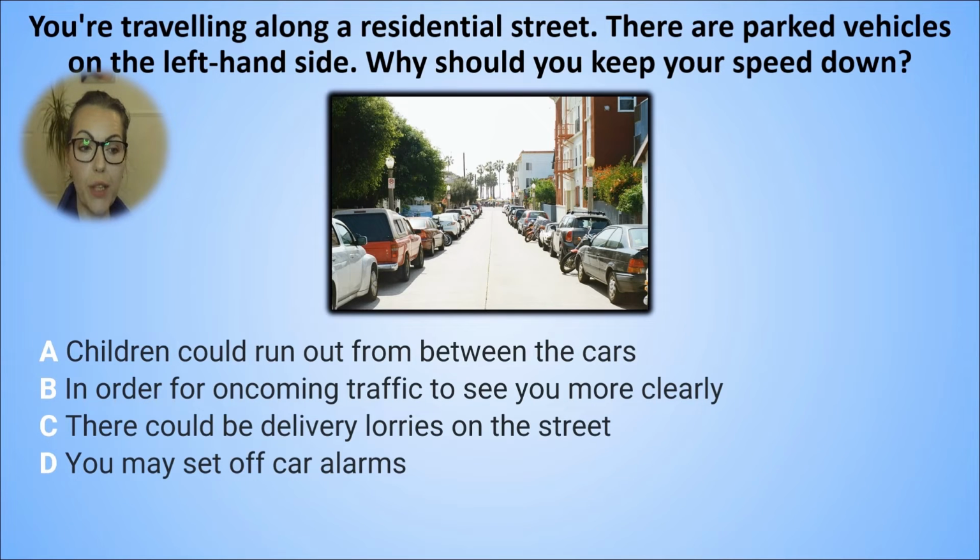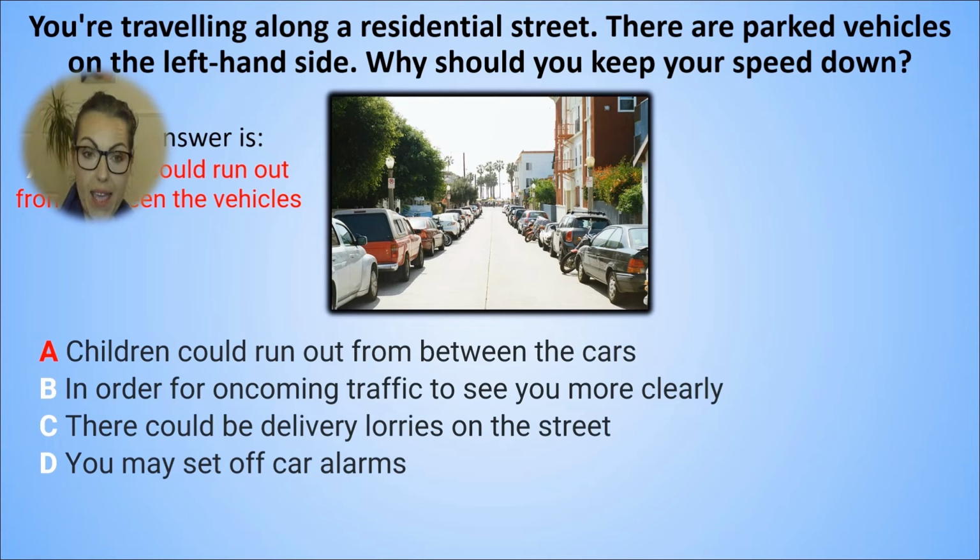So let's start with the countdown. 5, 4, 3, 2, 1. Ready? And the correct answer is A. Children could run out from between the cars.